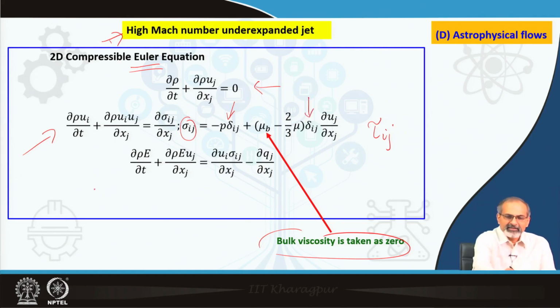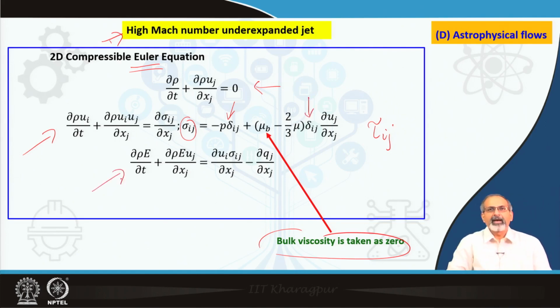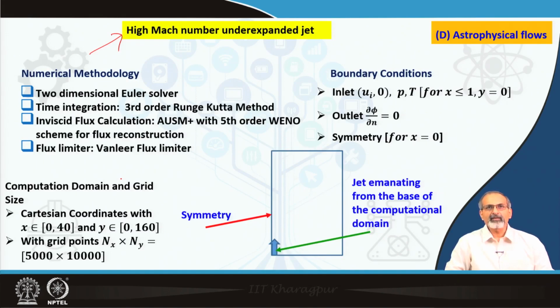Then comes the energy equation, and that essentially completes the system of conservation equations, but you need additional equations to close the system. We have discussed this on numerous occasions earlier, so I hope by now you are comfortable with that.